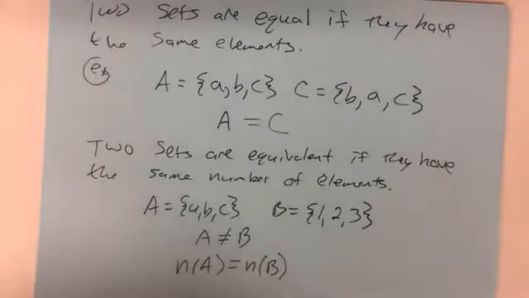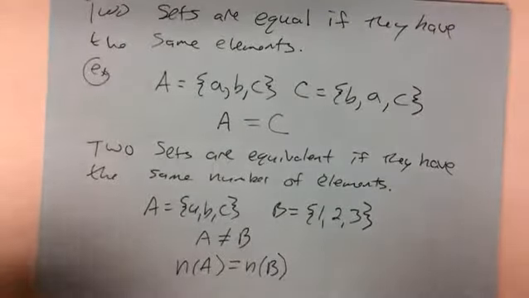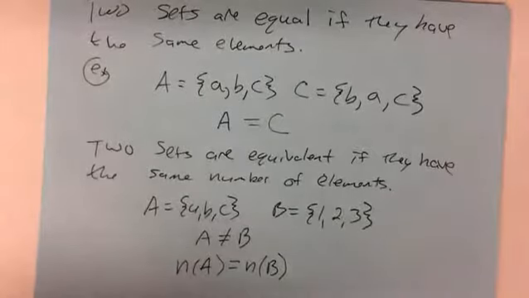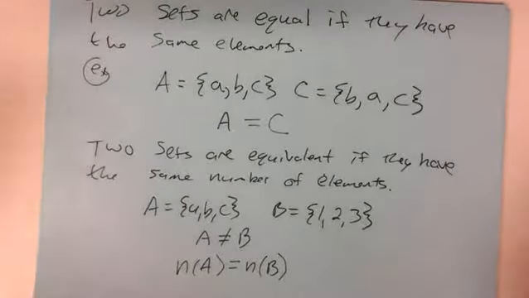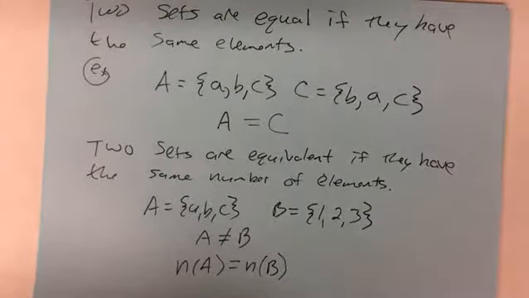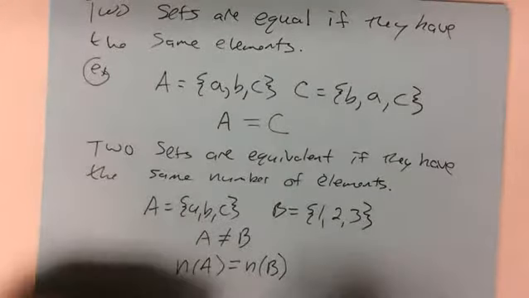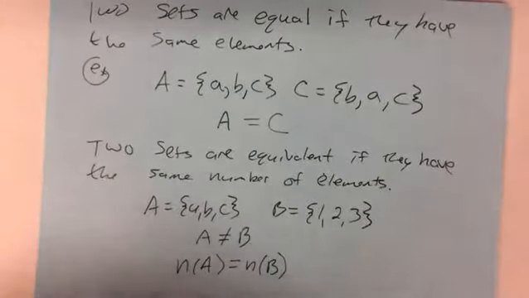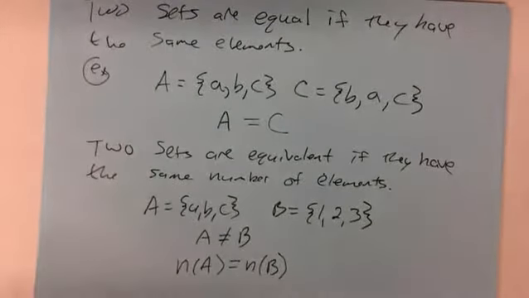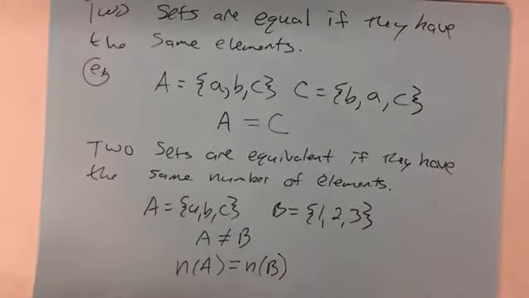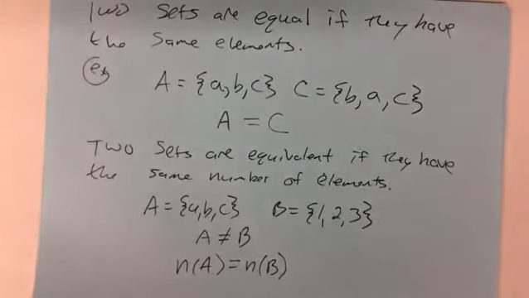And in fact, to determine whether two sets are the same size, you would see if they're equivalent. All sets that are equivalent to these two have 3 elements, and we would say that the cardinality of the set is 3. So cardinality is the mathematical term used to describe the size of a set.